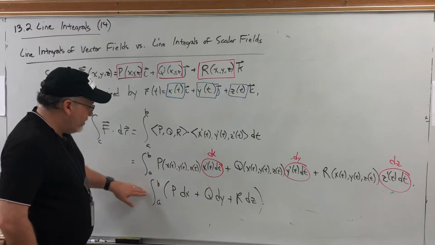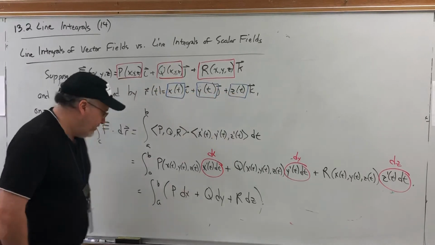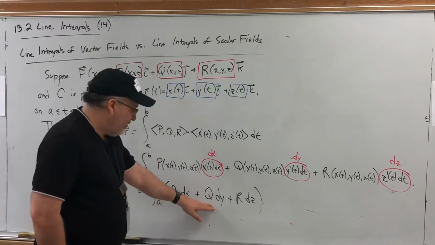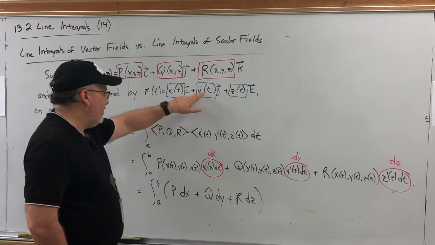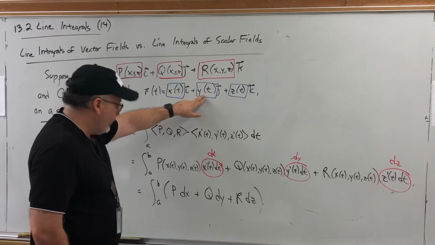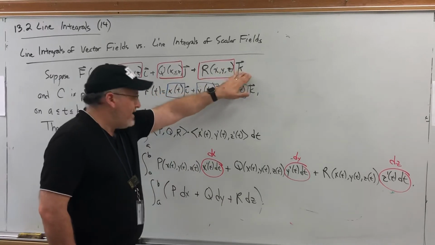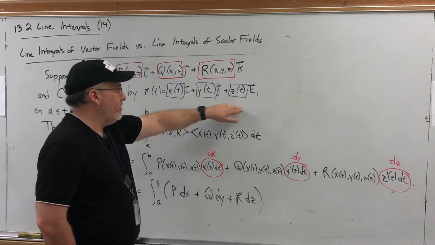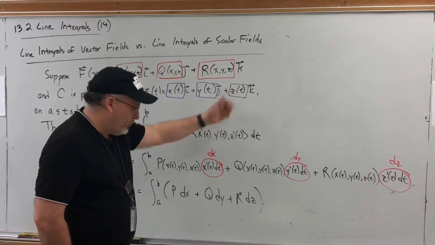But you just integrate your i component function, once you change all the x, y's, and z's to t's, times the derivative of the x component function, and then integrate the j component function times the derivative of the j component function in the position vector with respect to t, and integrate the k component function, once you've changed x, y, and z to t's, times the derivative of the k component function from the position vector with respect to t.